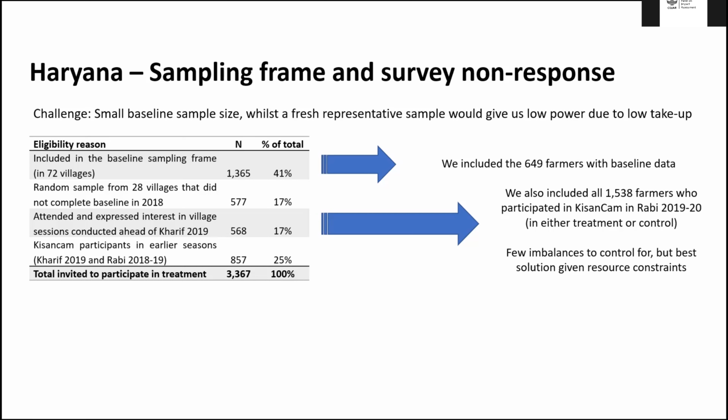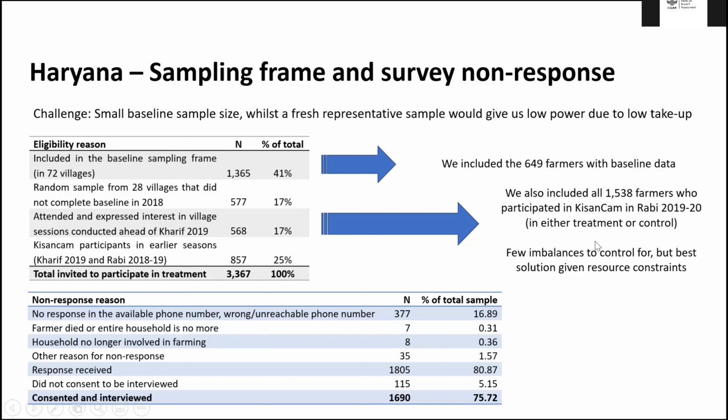We do see on time invariant characteristics that we measure at midline that there's a few imbalances that we need to control for. But this was really the best solution that we could get in this situation because of resource constraints. Once we had selected the sample, we actually see for a phone survey pretty good response rates.